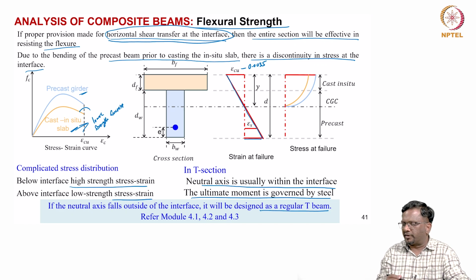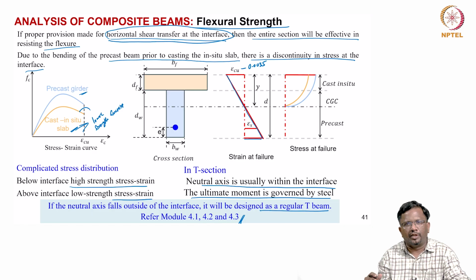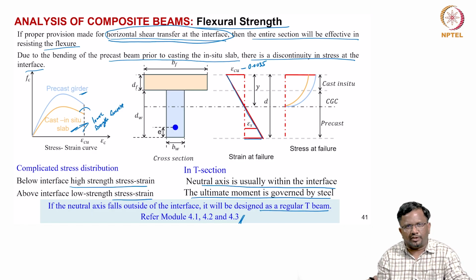We have already discussed how to do the analysis of T sections. You can refer to modules 4.1, 4.2 and 4.3 for flexure, how to use strain compatibility for analyzing the T sections, and then you can calculate your ultimate strength very easily. So there is no problem, right.